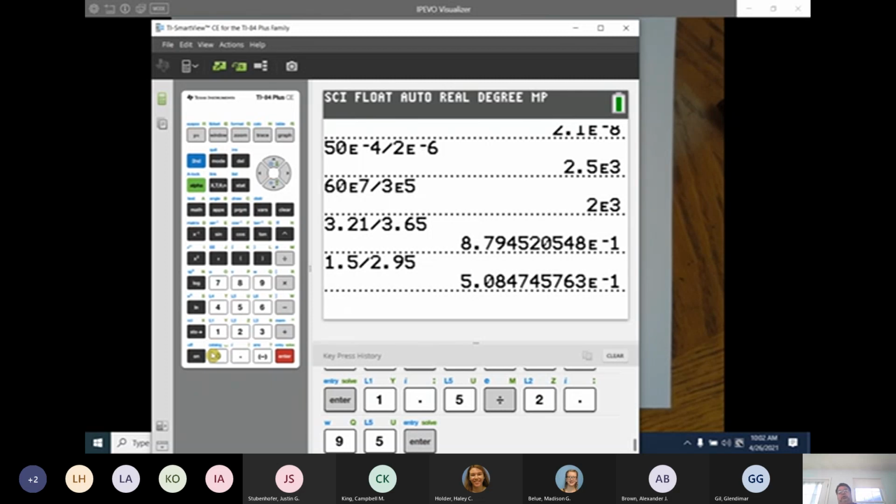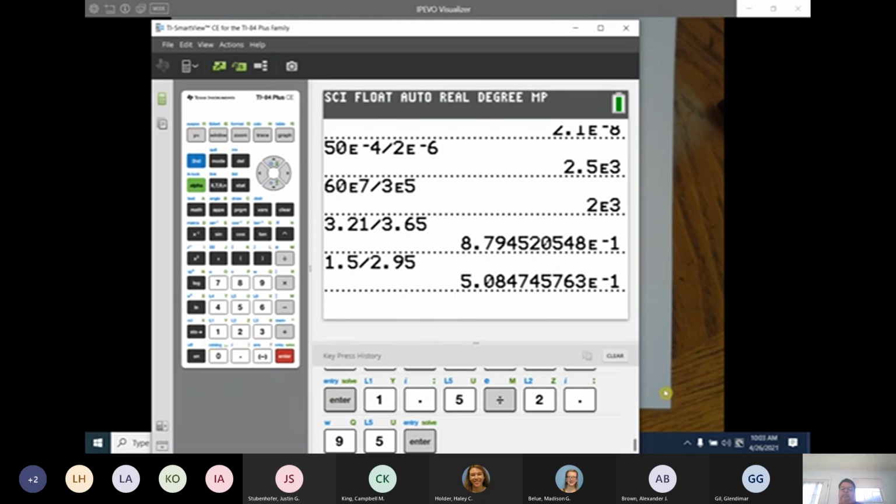No, it's not. Yeah, it is. That's scientific notation. Well, I'm going to rewrite it. So that's going to be 0.50847 times 10 to the 5th.